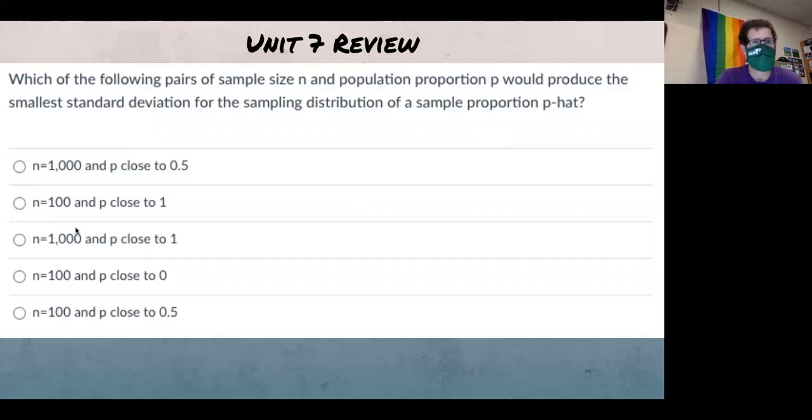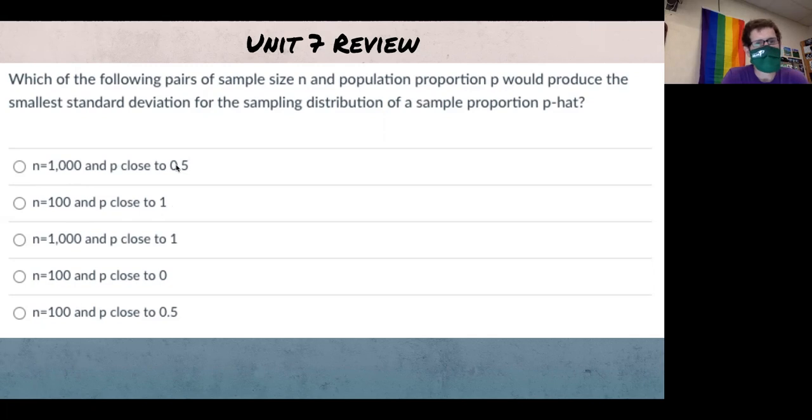I'll just talk about this one. Same idea. So the bigger the sample size, the smaller the standard deviation is going to be. But also the proportion that we're looking at can have an effect on that as well.